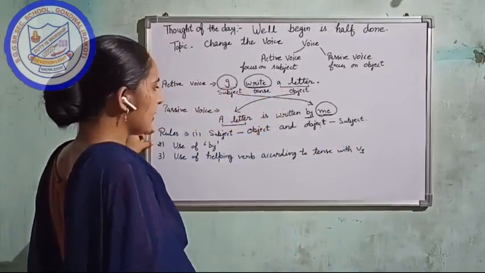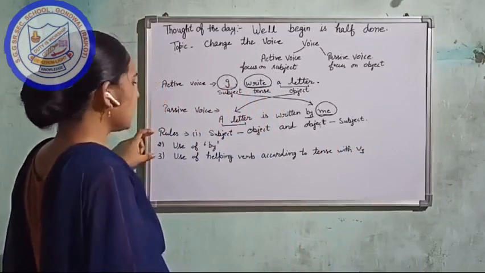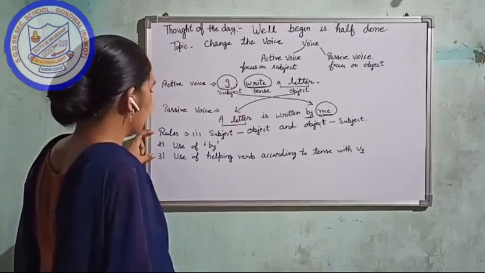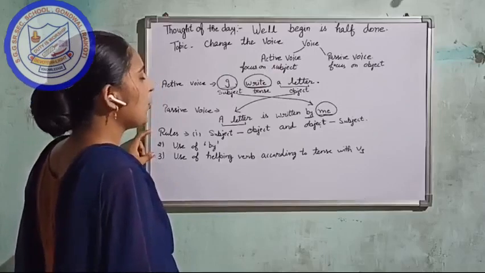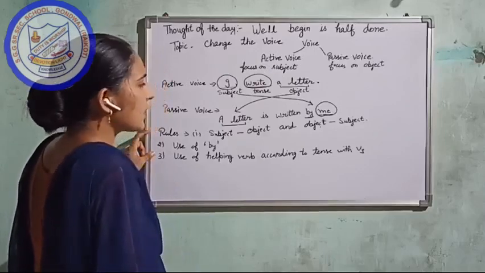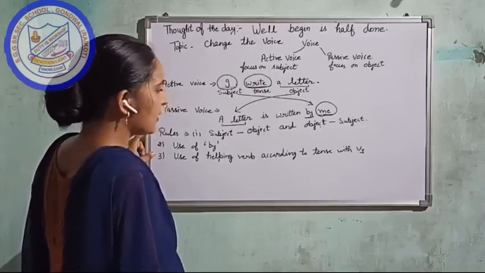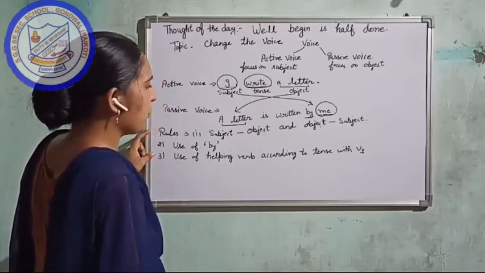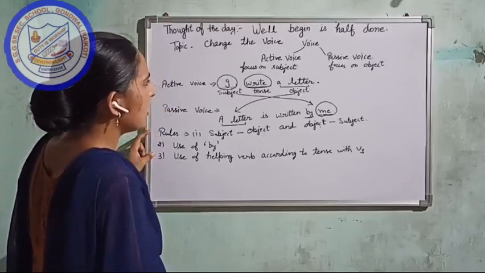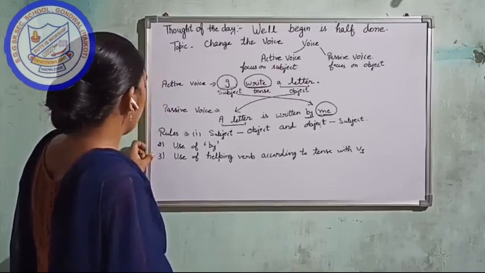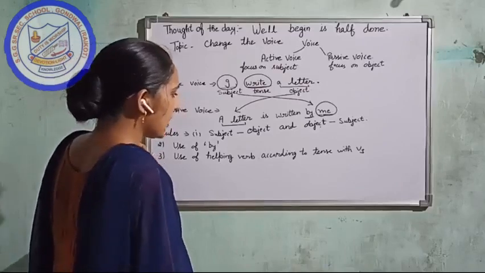You can easily understand it. But the third one is little bit tricky. To understand it, you have to concentrate on tense chart, because tense chart is very important in English grammar. So pay attention on tense chart.